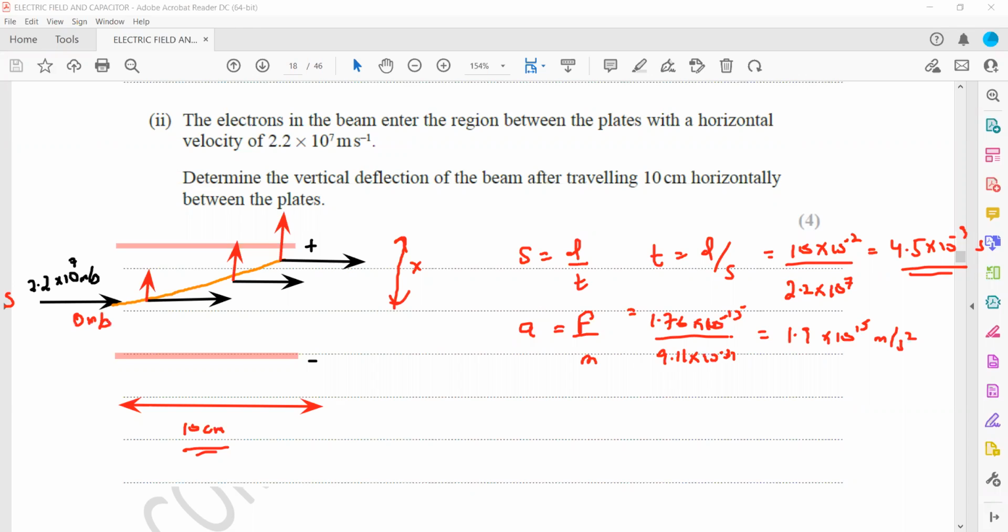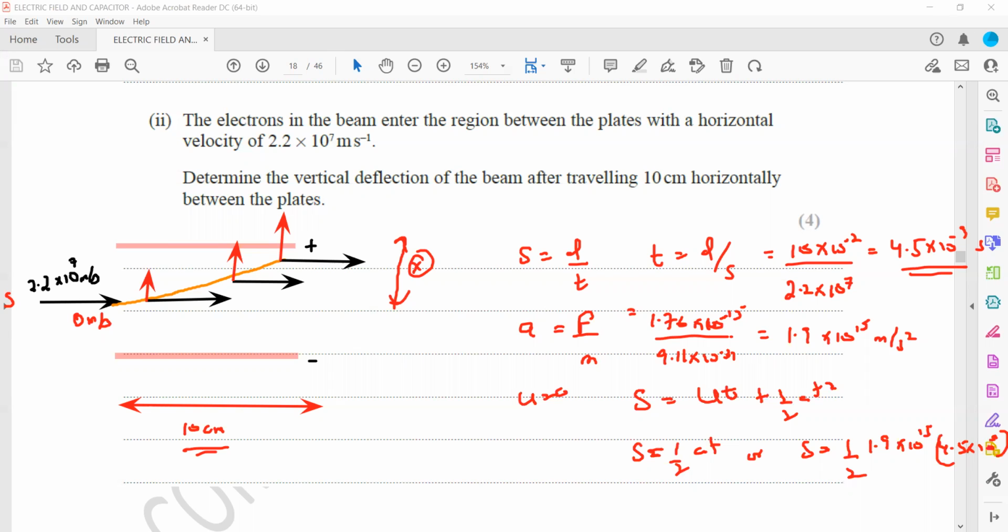Now, after getting the acceleration, we'll use the equation of motion. Here the initial vertical velocity is 0, and we want to get this displacement. So we'll use the formula s = ut + ½at². Because the initial velocity is 0, s = ½at². Here a is the acceleration, 1.9 × 10^15, and t is the time it takes, 4.5 × 10^-9, squared.